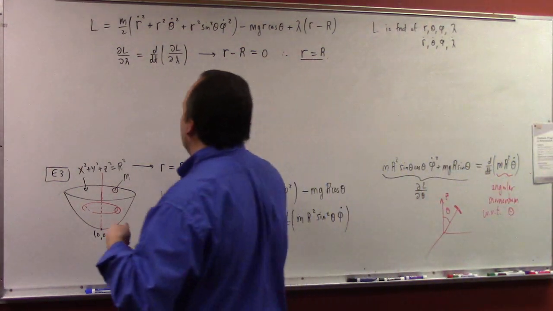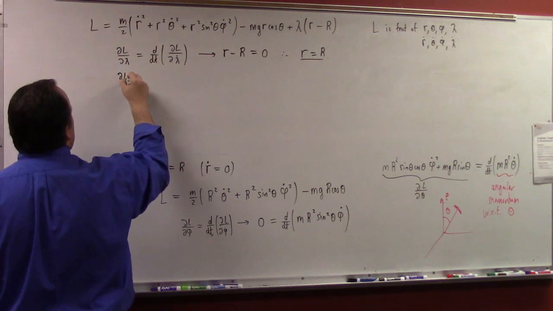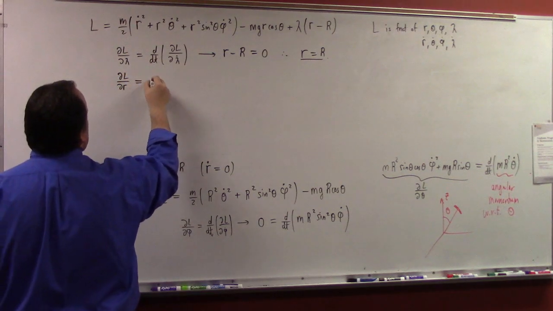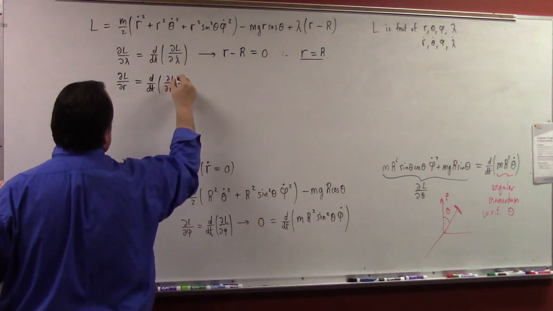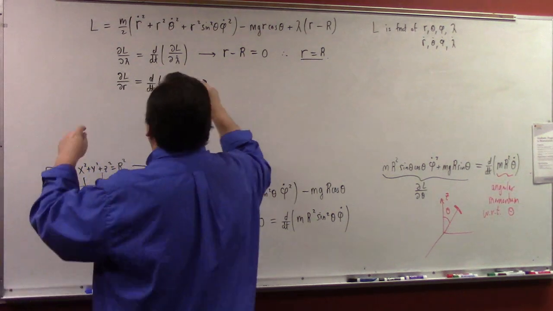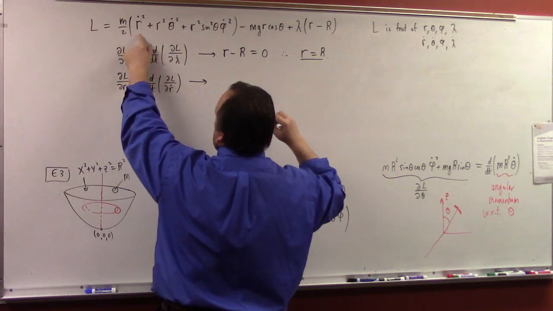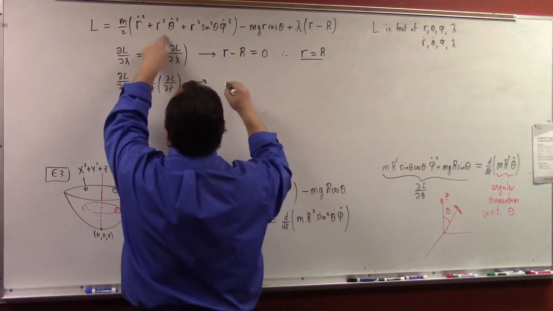Check out what it does for this partial L partial r, d/dt of partial L partial r dot. What happens there? Well, partial L partial r is giving me that one.